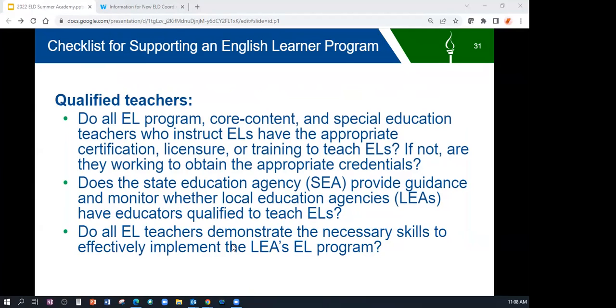At the state level, we provide some guidance and we monitor whether or not you have qualified teachers. We're also working with all of the content areas to make sure that all content areas have some sort of training. We're looking at our certification process and hoping to make some changes to enable more training ahead of time for new teachers in the teacher development programs, so that they're better trained to work with English learners.